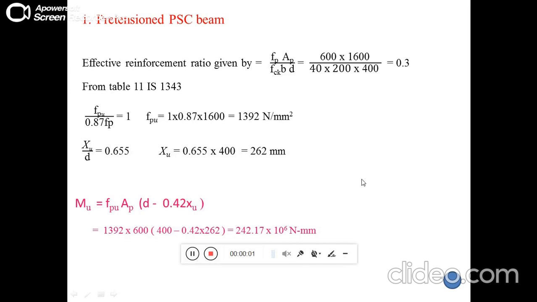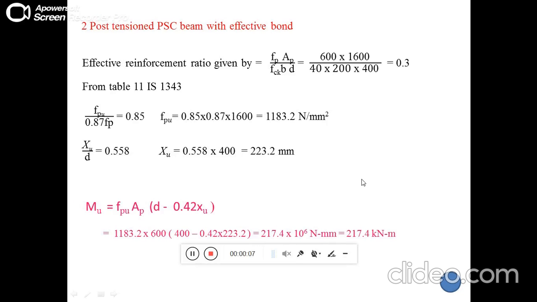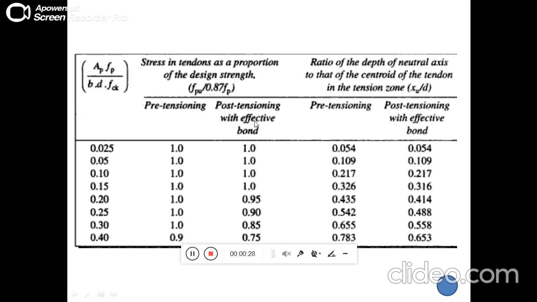Now the second part of this question is regarding post-tensioned PSC beam with the effective bond. The cross-sectional area is same, hence the effective reinforcement ratio will be same as the previous thing. Now again from table 11 of IS 1343, the values are obtained from post-tensioned with effective bond cases for FPU divided by 0.87 FP.